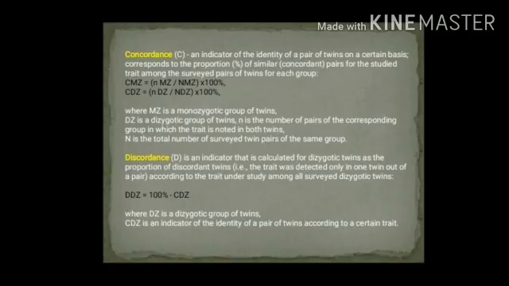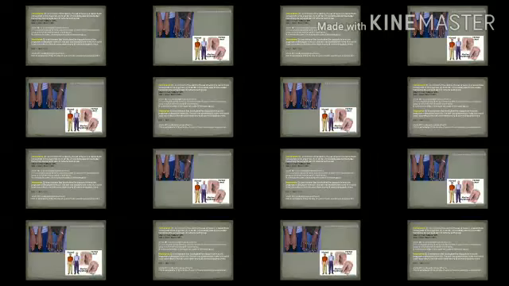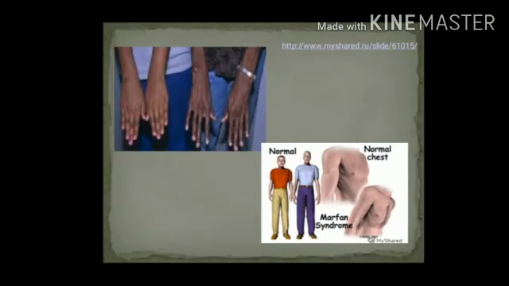And to find discordance, we use the formula presented in this slide. In this slide you can see two brothers, dizygotic, with different habitus in each of their pair.